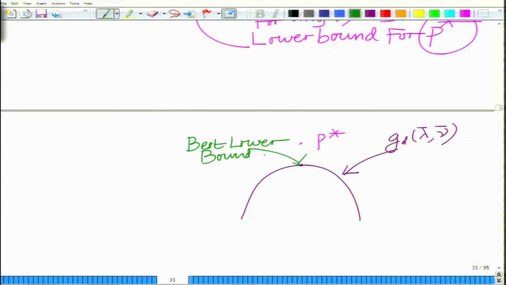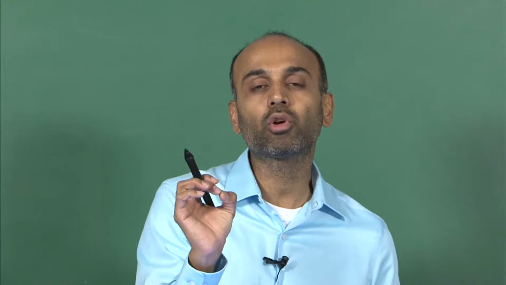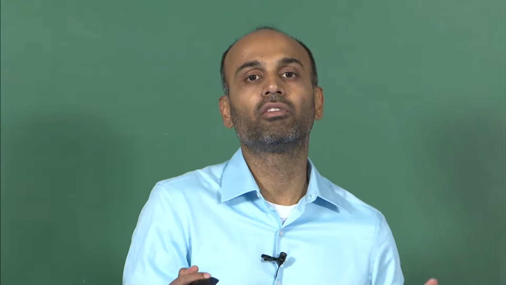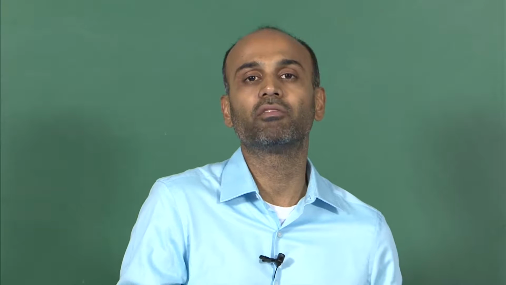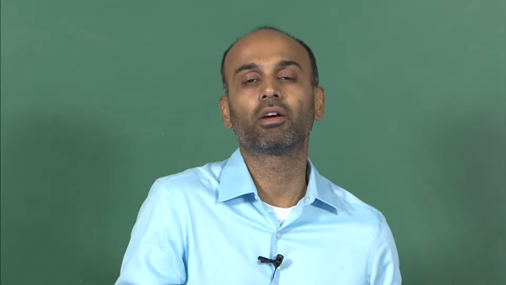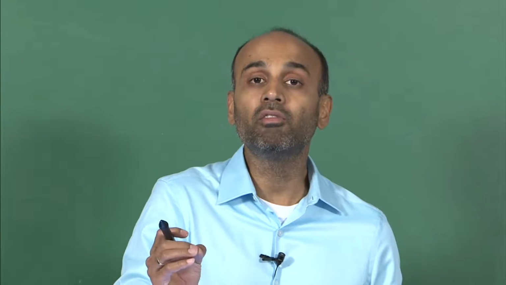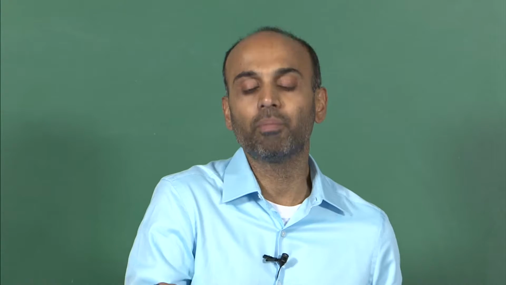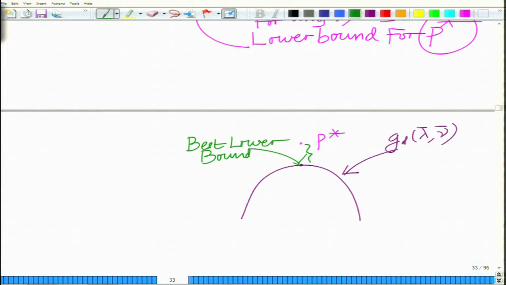The best lower bound is the maximum value of this lower bound, which means we want to be as close as possible to the optimal value P star. Technically, a lower bound of minus infinity is always a lower bound too, but we want the best possible lower bound, the one as close as possible to P star, so that the gap between the lower bound and P star is minimized.